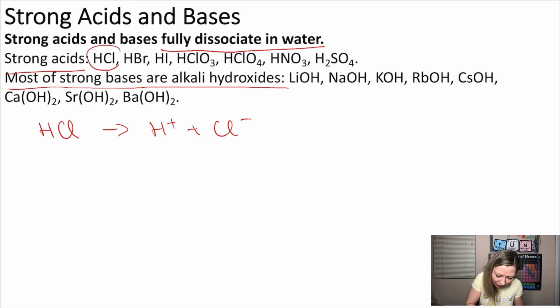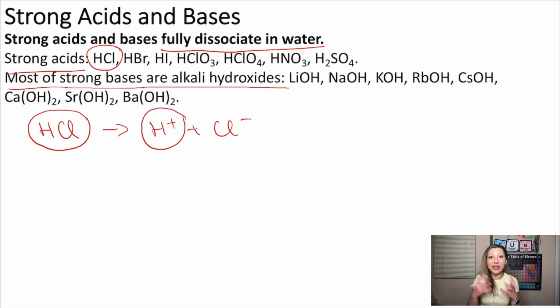So it's right here. Now, if this is happening in an aqueous solution, the concentration of HCl will equal the concentration of the H+ ions, because the ratio in the reaction is 1 to 1, so we can calculate the pH from the concentration of the hydrochloric acid in the aqueous solution.